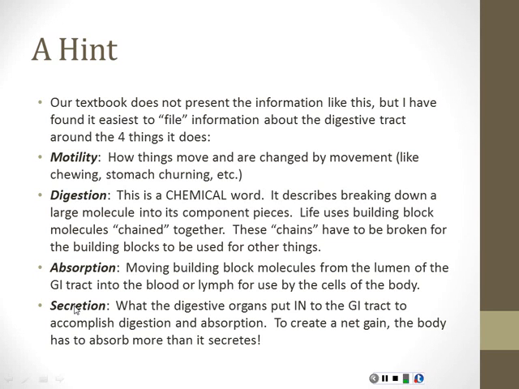We put food in our mouths and immediately we start adding stuff to what has been ingested. In the mouth, it's saliva. In the stomach, it's stomach secretion, so gastric acid, pepsin, things like that. So all along the path, the digestive tract is adding things to what has gone in the mouth.